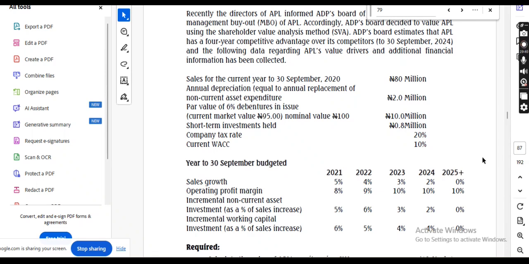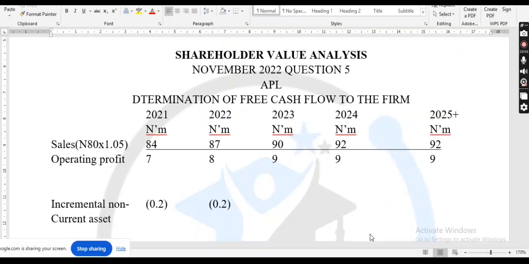Now in this question, we're not even told what happened to depreciation. Is it included in the operating profit or excluded? Are we getting my point? If not, we would have said we subtract the depreciation again.